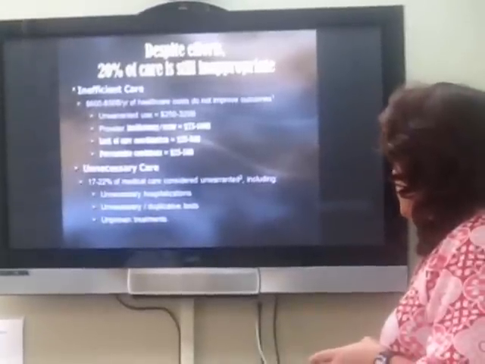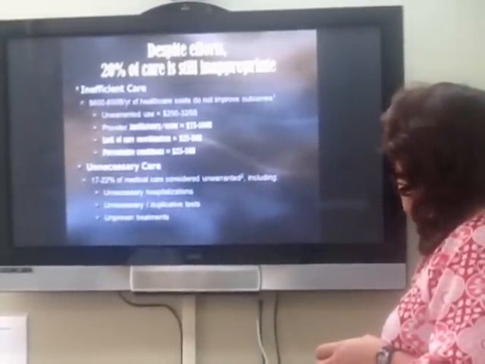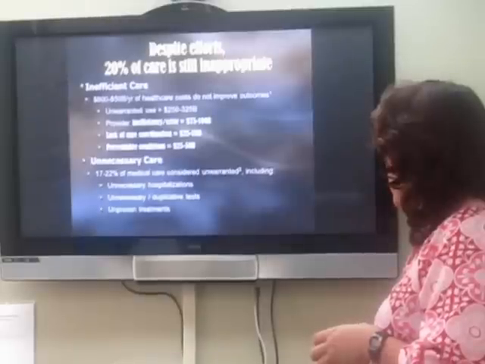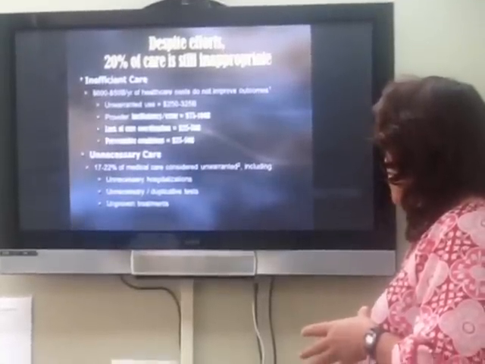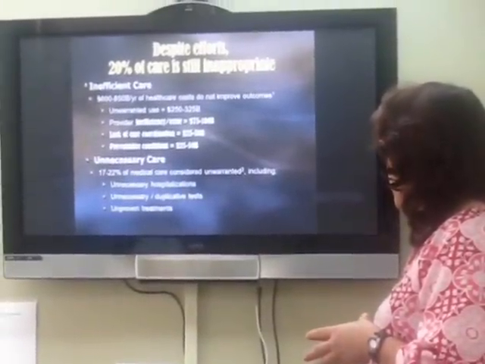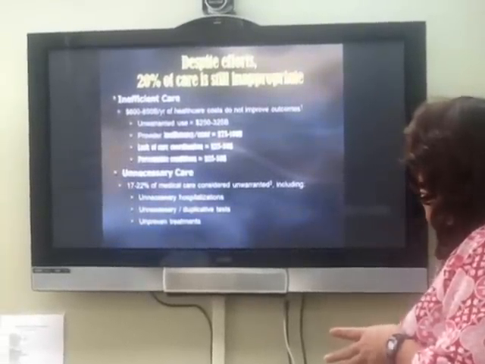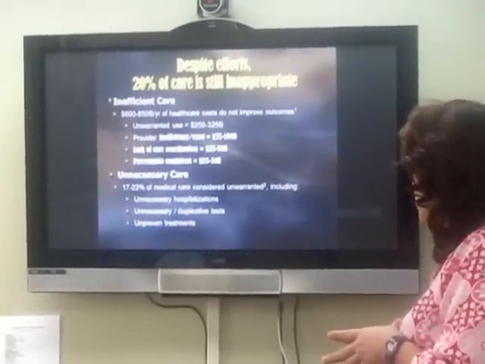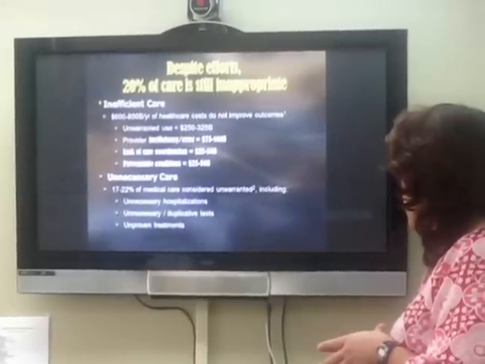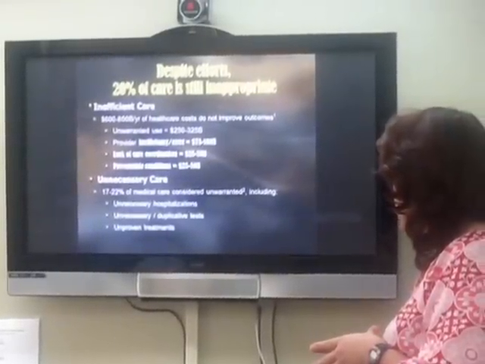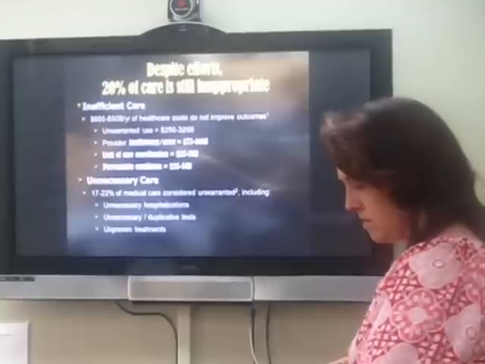Provider inefficiency and error costs 75 to 100 billion. Lack of care coordination, 25 to 50 billion. And preventable conditions, 25 to 50 billion. Unnecessary care, 17 to 22% of medical care is considered unwarranted, including unnecessary hospitalizations, unnecessary duplicative tests, and unproven treatments.